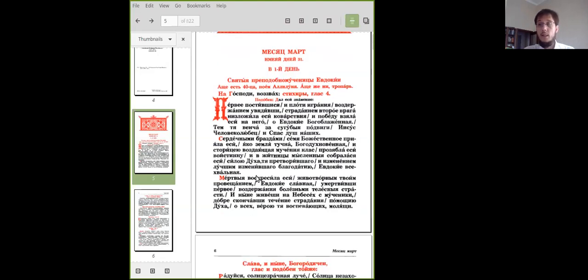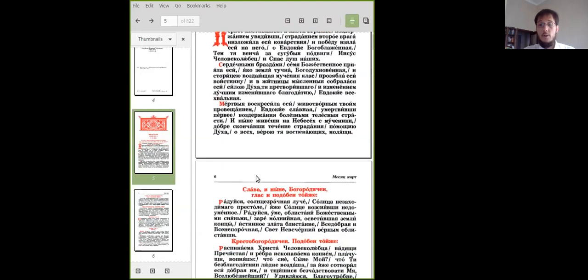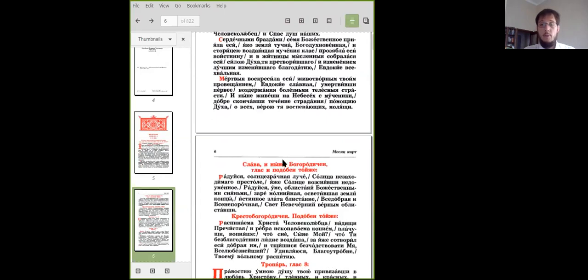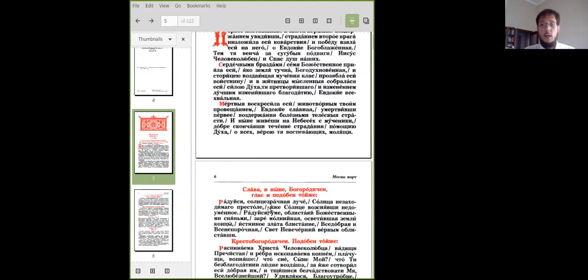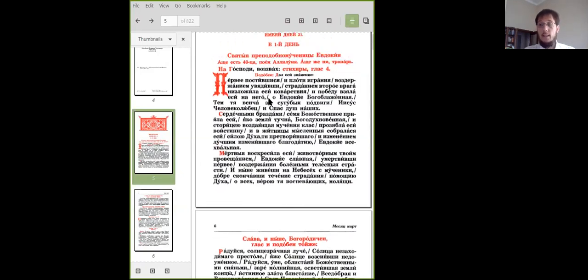So we always need to conclude with a Theotokion. In the case of a simple service, that's actually very simple. You will have glory, both now, Bogorodichen, Theotokion or Staro-Theotokion. And this Theotokion and the Staro-Theotokion are in the same tone and melody as the stichira here.